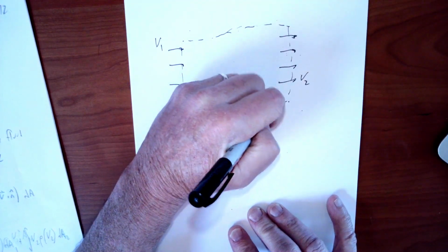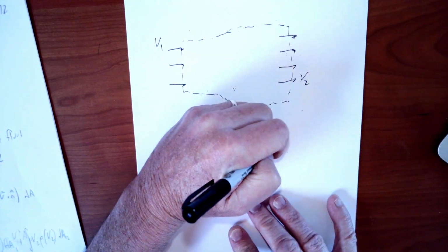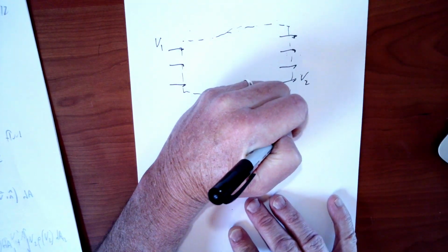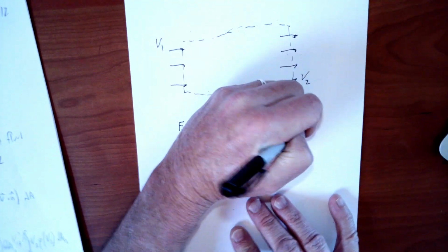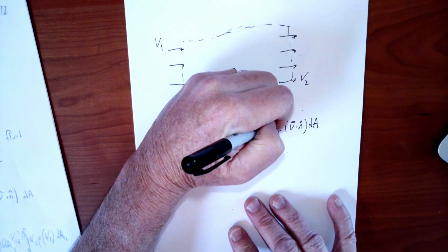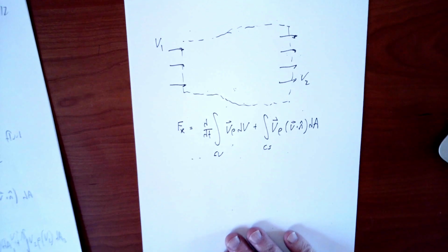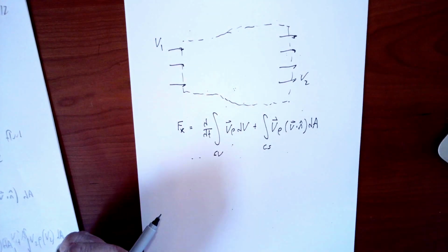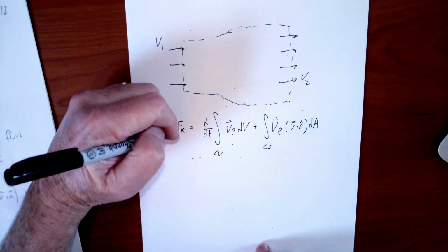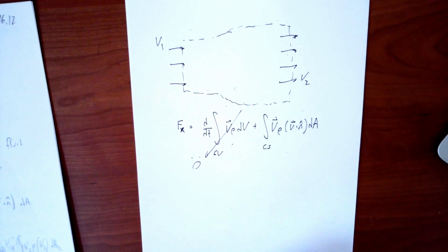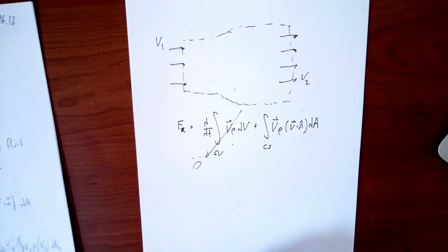And then we have to add the fact that the momentum of the fluid entering and leaving the region will probably be different, so we need to take care of that with this surface integral. Here are our two integrals we have to take in order to assess how much force must be applied to this control volume. Well, this first one is 0 because we're saying, again, steady state, and so the control volume is not changing its momentum.